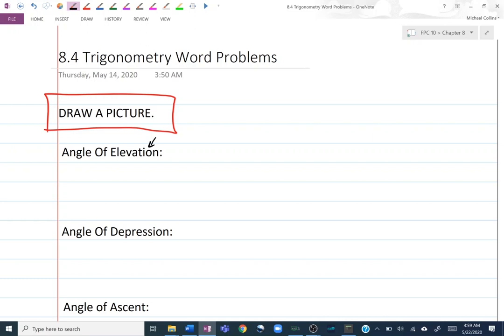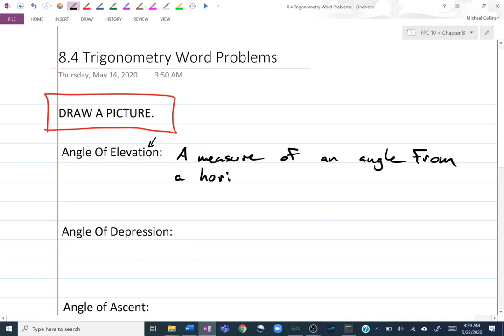So angle of elevation is a measure of an angle from a horizontal, up. So angle of elevation, horizontal up.